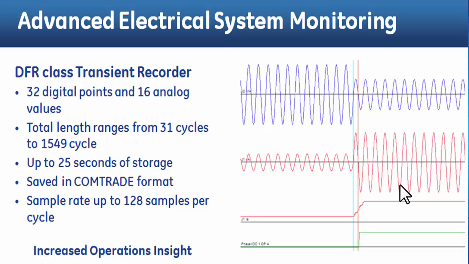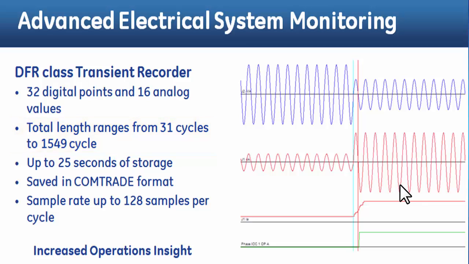For the 8 series, it has the DFR class transient recorder, which can save up to 32 digital and 16 analog inputs. The total length of the transient recorder can be from 31 cycles to 1549 cycles, depending on the sampling rate.